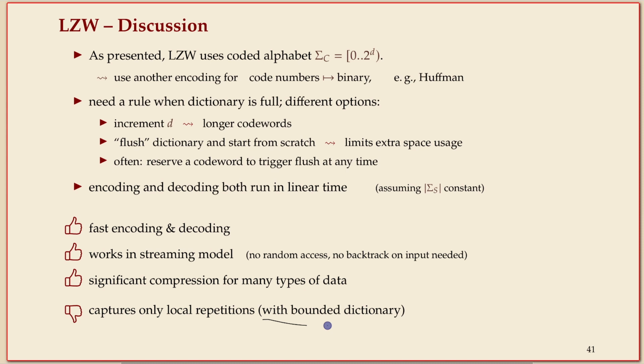With a bounded dictionary, if we do this flushing technique, we're somewhat local in the repetitions that we can catch. And even if you keep increasing your dictionary, you will be able to reach all the way back to find repetitions, but you make all code words one bit longer, which may not be a good deal in all cases.